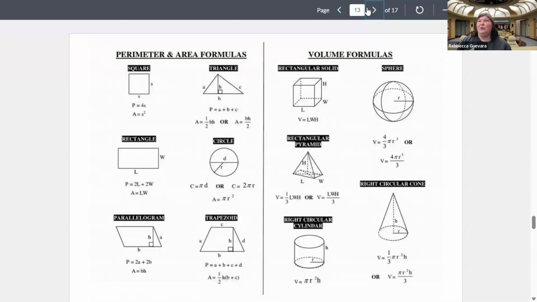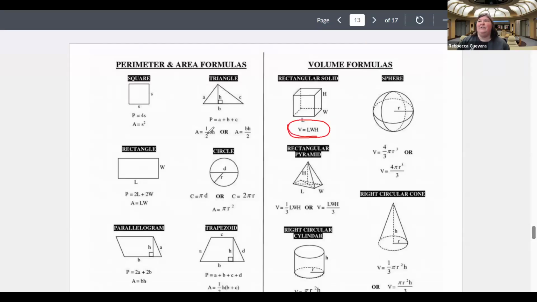So for example, these are formulas that I gave you, because a lot of your questions have to do with volumes and areas. So this is the volume of a rectangular solid, or a cube, or just a box. If I want the volume of a box, I have V equals LWH. Well, I don't think I have to tell you that V is going to be volume. We know that H would be the height. So this is the part where I'm saying that we're not going to necessarily tell you what V, H, W, and L are.